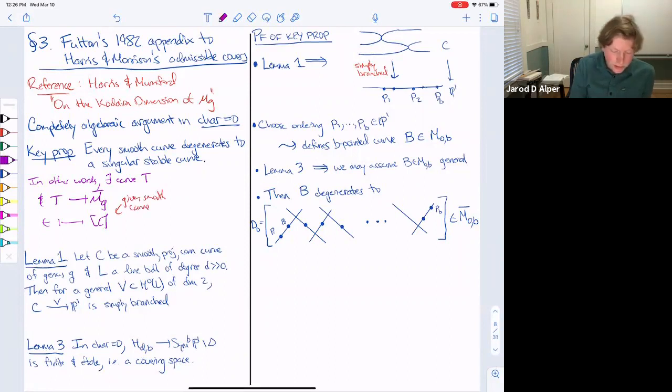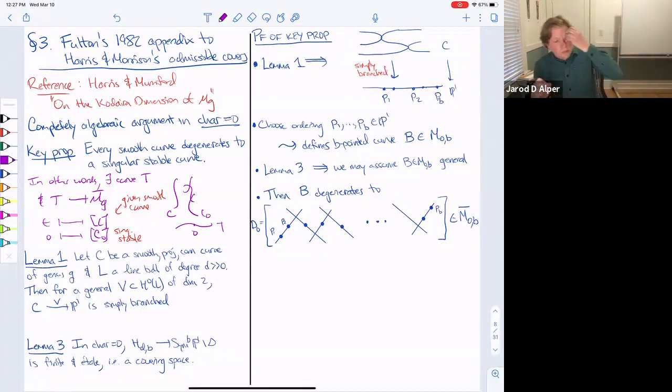What you want to construct is a curve T and a map to M_g bar such that there's a point mapping to some C0, which is a singular stable curve. So here, T is one-dimensional. You have a family of curves. Maybe this is your given smooth curve, and you want to show that you can degenerate it to something singular. Right, that's our goal.